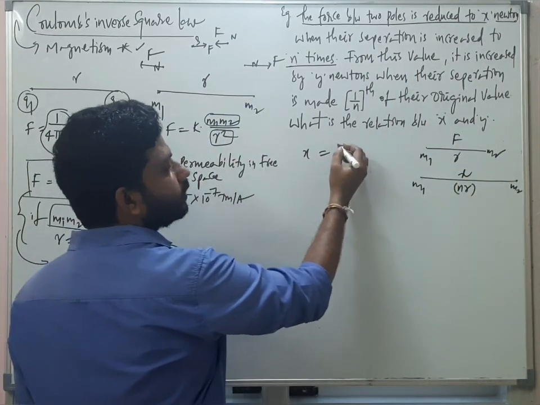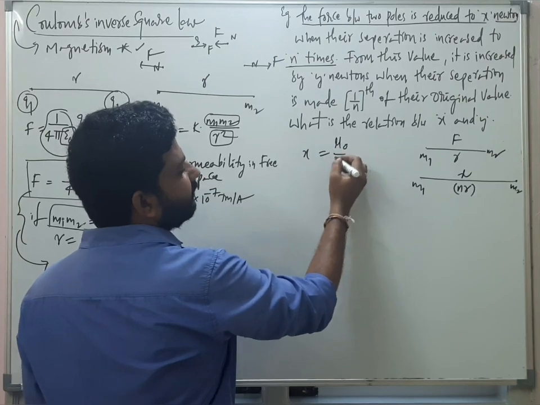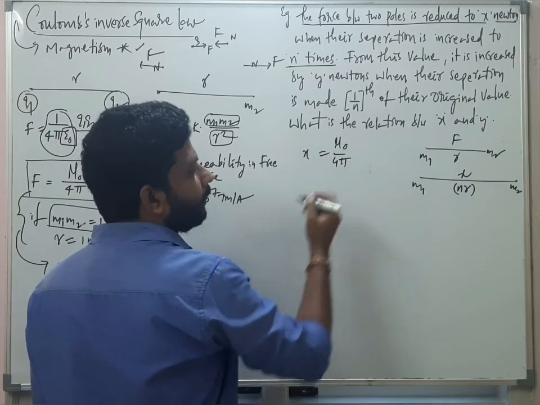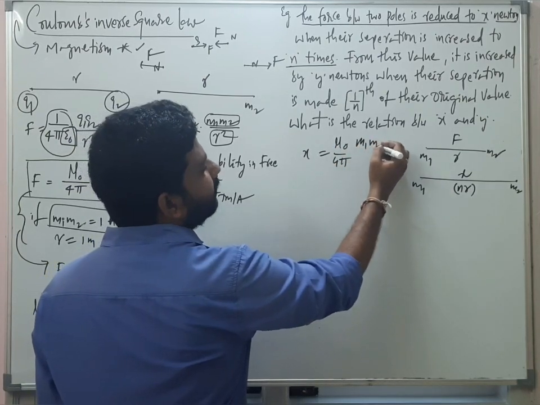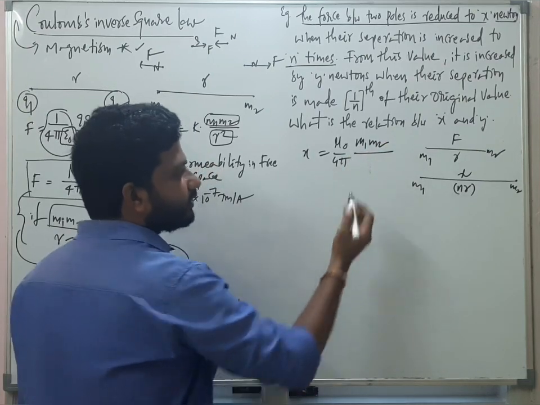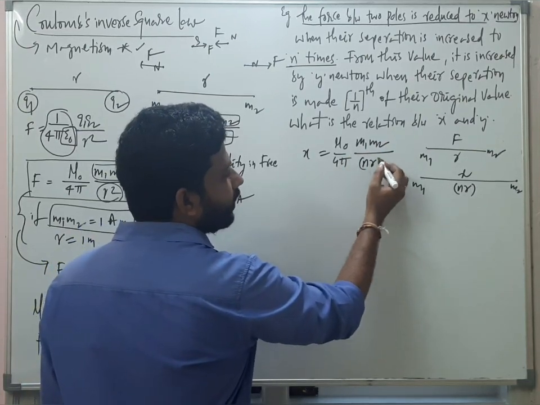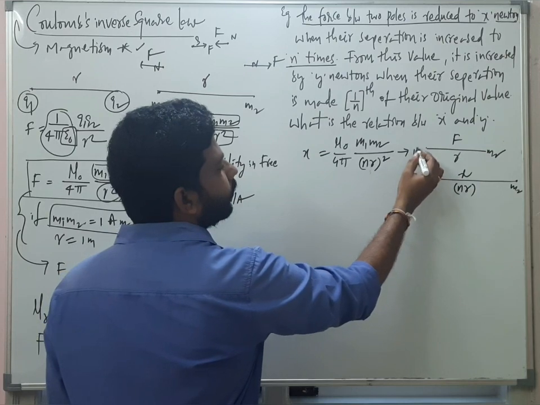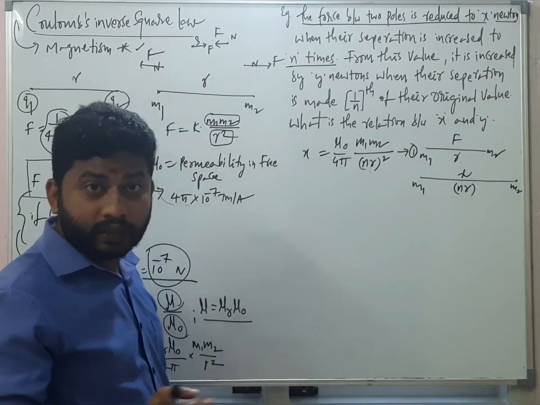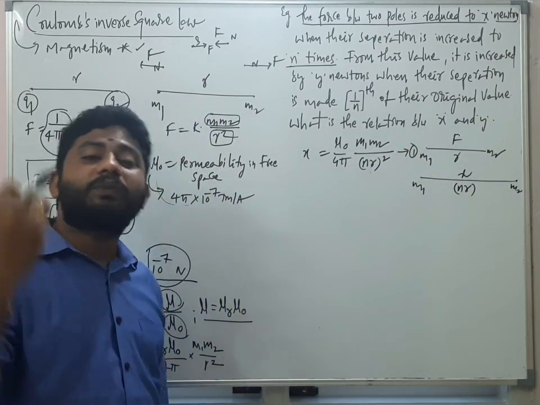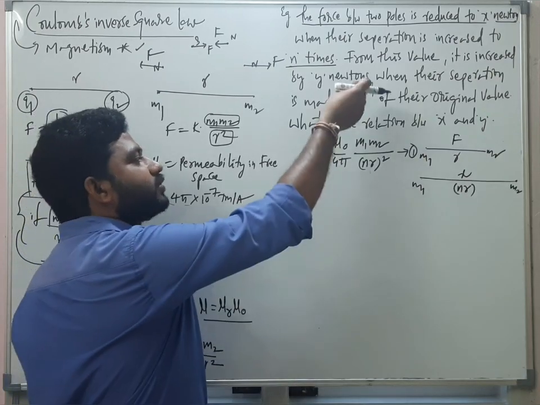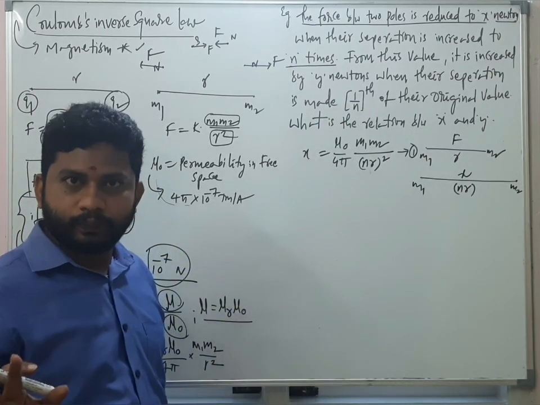So x is equal to mu naught by 4 pi into M1 M2 divided by R square. What is R square here? It is nR whole square. This is equation 1. Already you might have solved so many questions, that's the reason I'm going with a little flow.